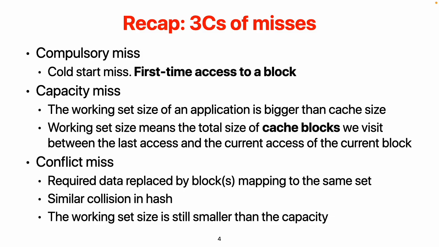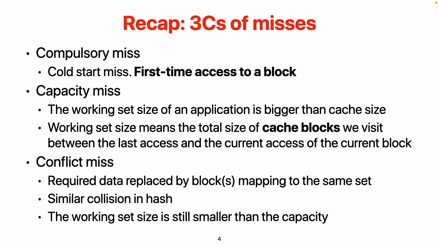A capacity miss is the case where the working set size of your application is too large. What do we mean by working set size? Right now you have a miss on this particular block. Before this miss occurs, the last time you visited the same block, how many other blocks in between have you visited?